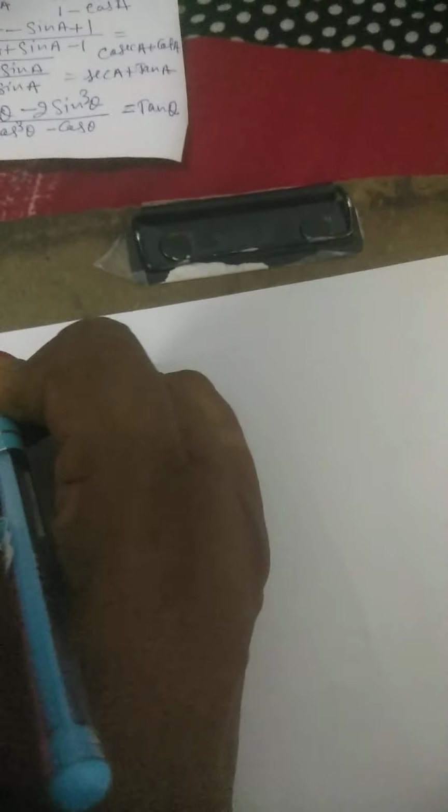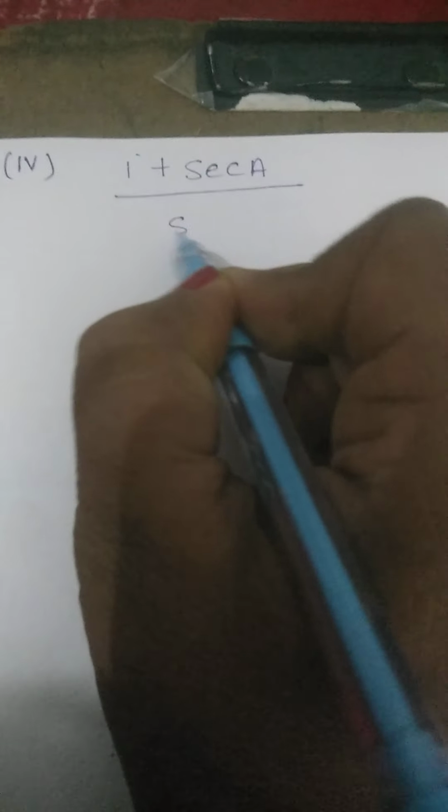And the next question is this. Your 4th question: 1 plus sec A upon sec A is equal to sin square A upon 1 minus cos A. 1 plus sec.